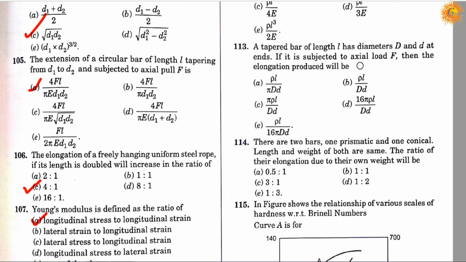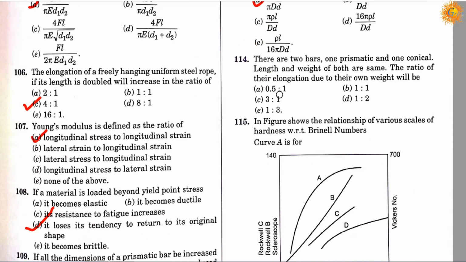If it is subjected to axial load F, then the elongation produced will be option A rho l divided by pi D d, option B rho l divided by capital D into small d, option C pi rho L divided by capital D into small d, option D is 16 pi rho L divided by capital D into small d, and option E is rho L divided by 16 pi capital D into small d. Correct answer is A. It will be rho L divided by pi capital D into small d.